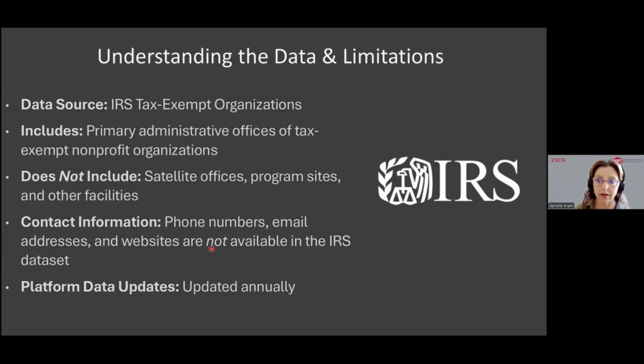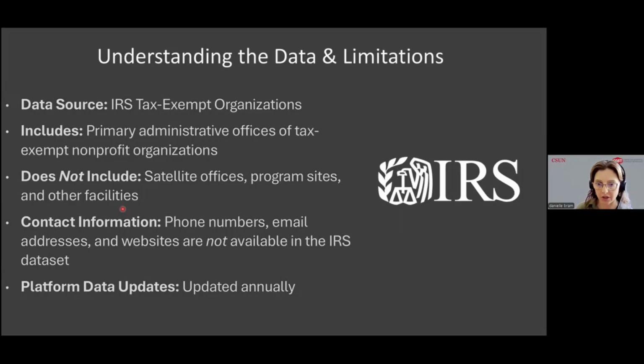However, there are some data limitations, so let's talk about those. The data that was used in this mapping platform comes from the IRS, from their list of tax exempt organizations. The data includes primary administrative offices of tax exempt nonprofit organizations.